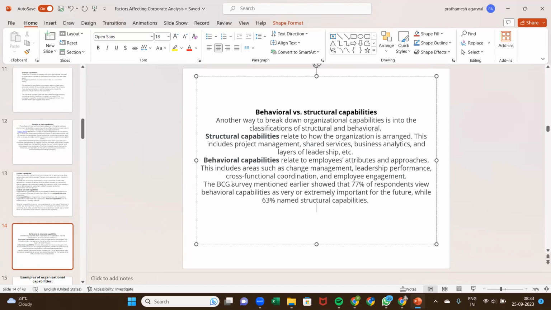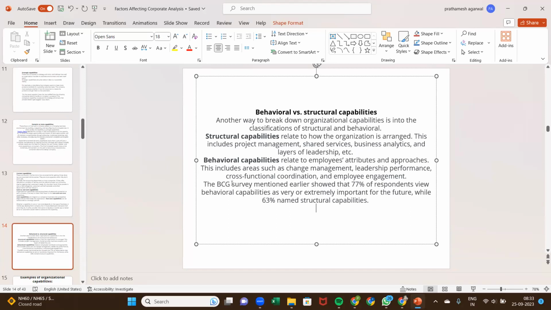The survey mentioned earlier showed that 77% of the respondents view behavioral capabilities as very or extremely important. Now, if your behavior is not matching the standards of the organizational goals, do you think that the person has the right to be associated with the company?